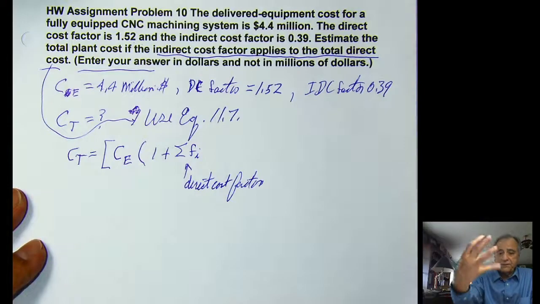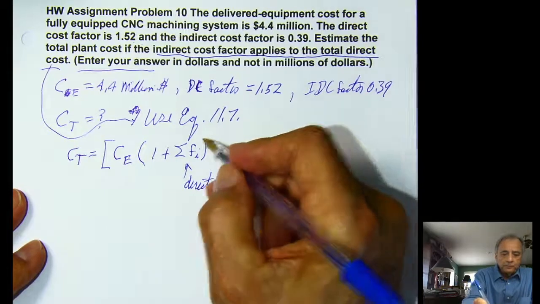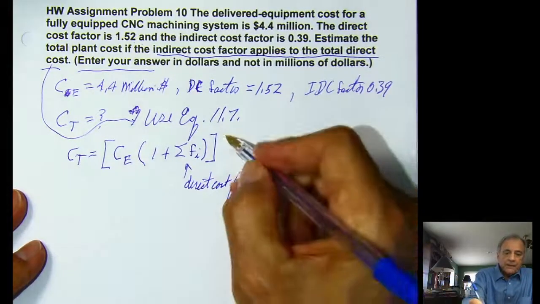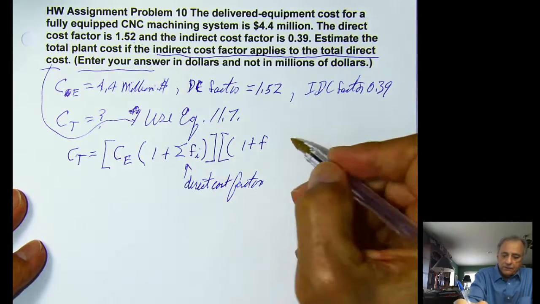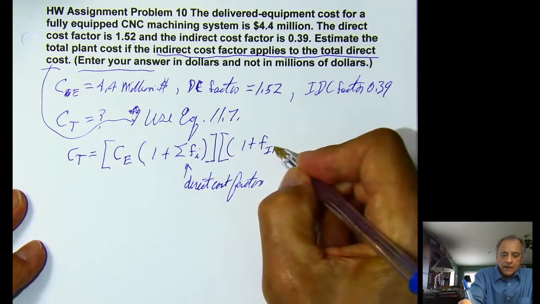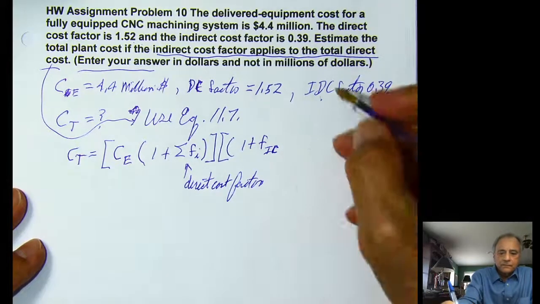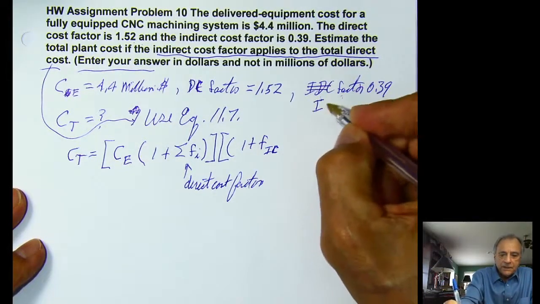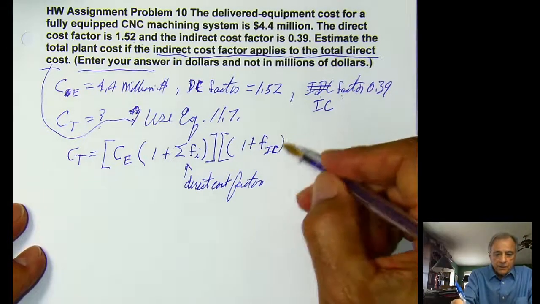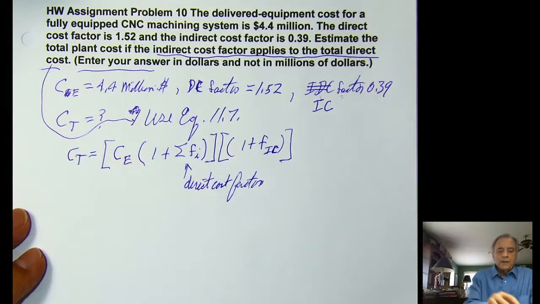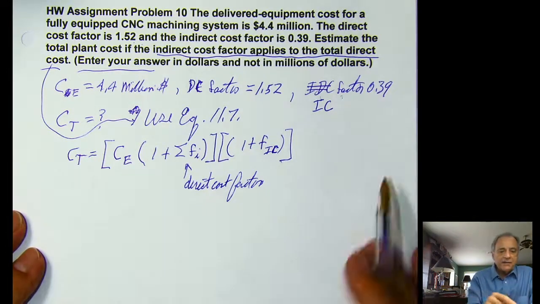In this case, it's just given as one big cost factor, so to speak. And then we close that bracket, and then we multiply that times 1 plus the factor for indirect cost. He calls it IC. I like to use IDC, but I'll stick with his notation, IC, indirect cost factor. Close parentheses. Then he says, don't give your answer in millions, write it out.